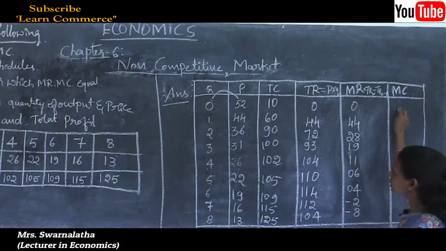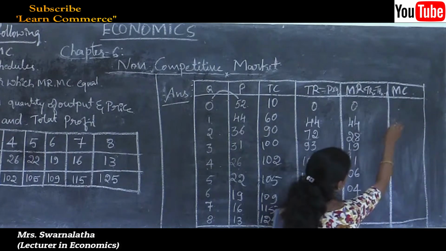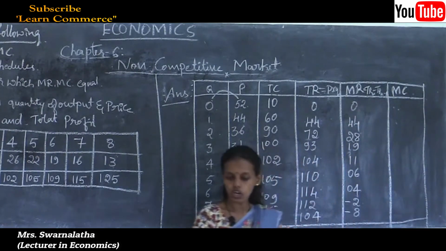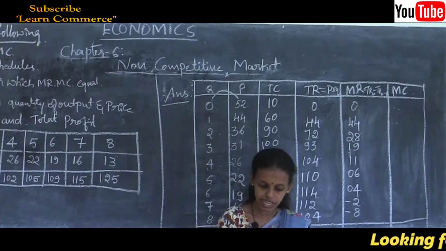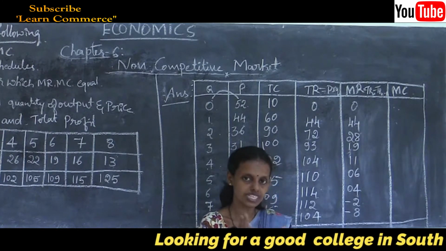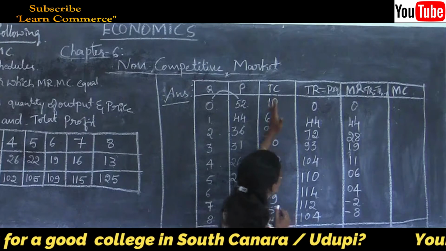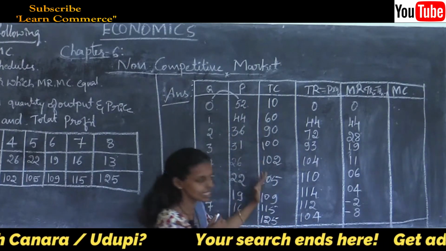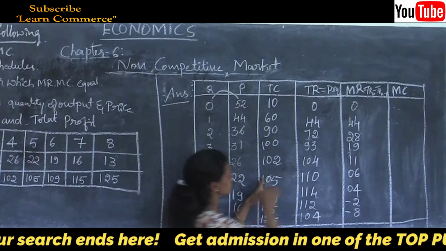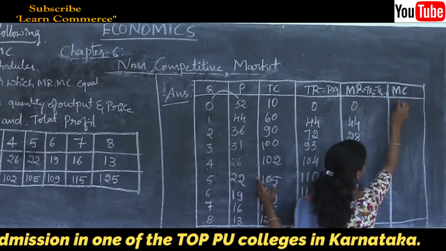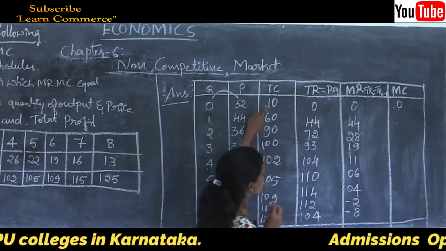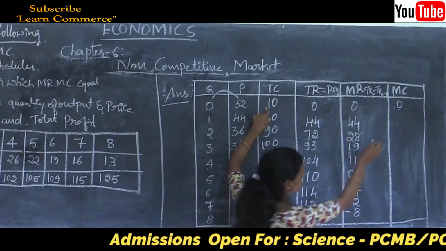Next we are going to deal with the MC, the marginal cost schedule. How to calculate MC? TCn minus TCn-1. Now we are going to concentrate only on the TC. That is 10 minus 10, 0. 60 minus 10, 50.